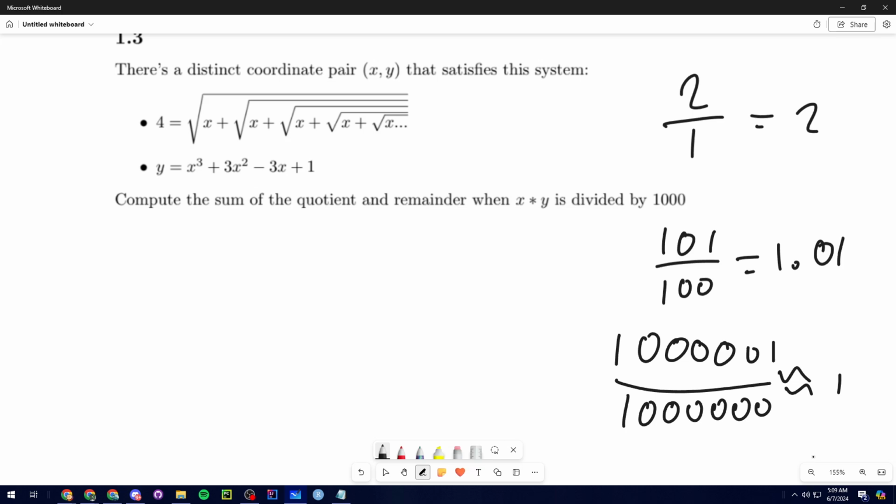Now, why am I even bringing this up? It's because of the idea of infinity. Here, there's an infinite amount of root x's, and that's important because you have to understand. I could just show you the trick, but if you don't understand the trick, there's no point in doing it. So my point is to build the reasoning on why this trick works. When you take calculus, you'll definitely run into this.